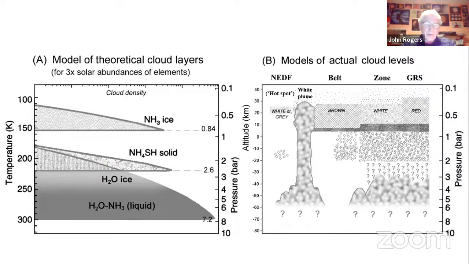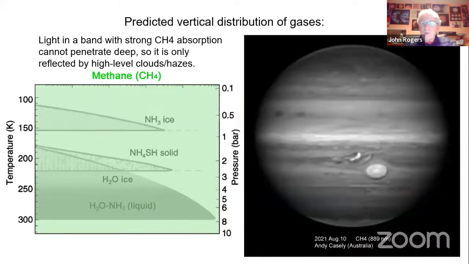And let's look now at what might be learned in particular from images sensitive to methane and ammonia, which is what the subsequent speakers are largely going to be talking about. First of all, methane. Now, this does not condense at Jupiter's atmospheric temperatures, so it's uniformly distributed in the atmosphere, and its abundance is the same at all levels.